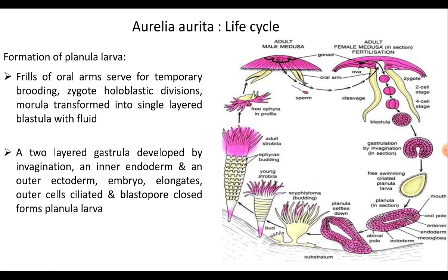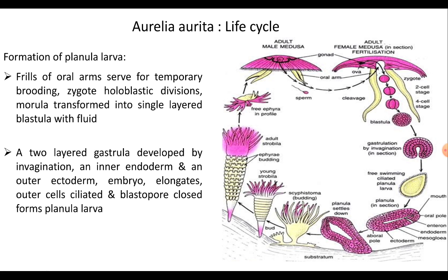Coming to the life cycle of Aurelia aurita, the first stage is the formation of the planula larva. The frills of the oral arms of the female body serve as temporary brooding chambers.